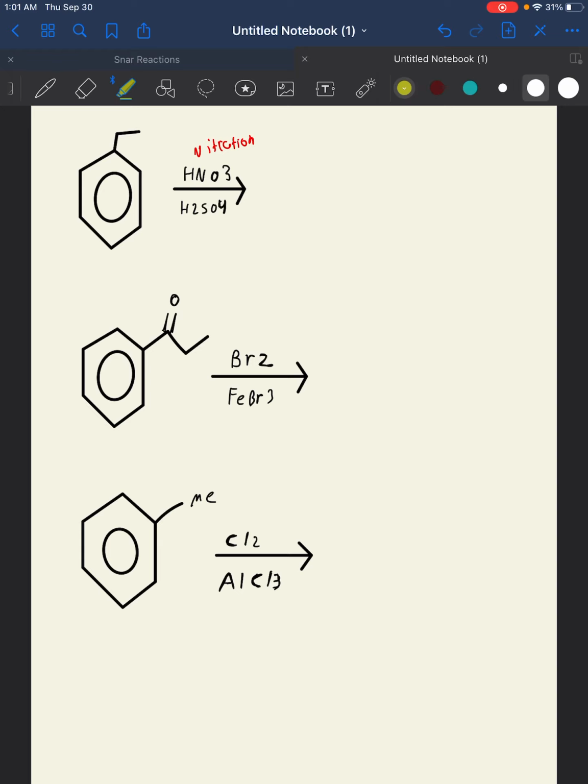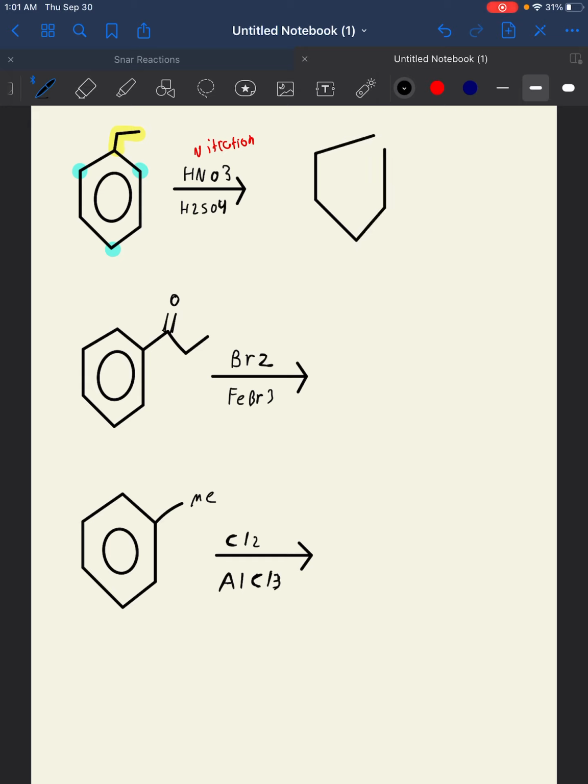We also, however, have an electron donating group, so it's going to prefer to add ortho or para. Due to sterics, it's going to add that group para.